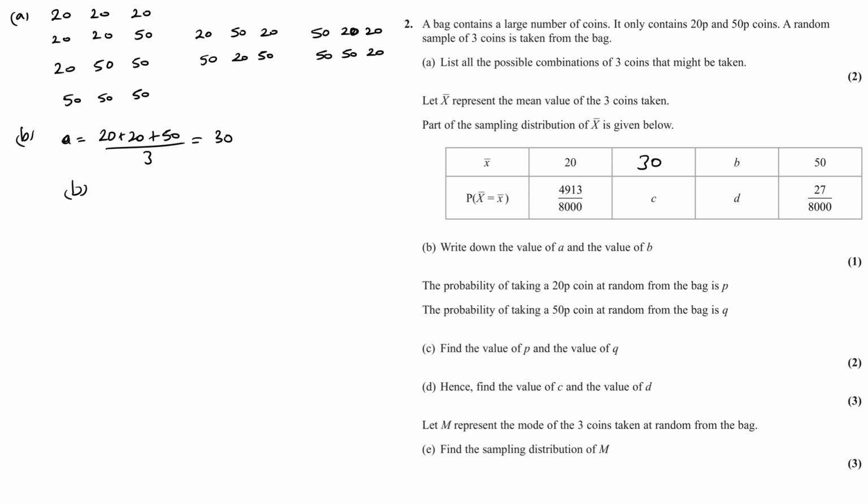So B now is going to be 20 plus 50 plus 50 over 3. So that is 120 over 3, so that's going to be 40. Don't know why I keep on putting the things around it.